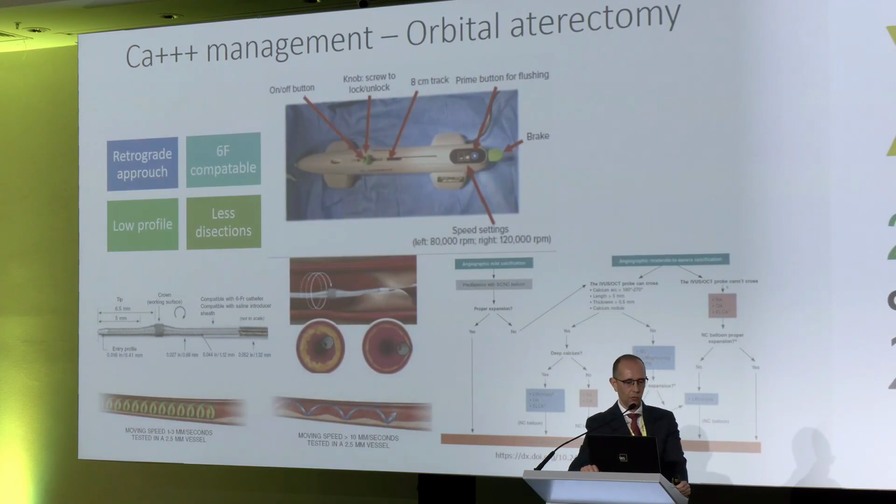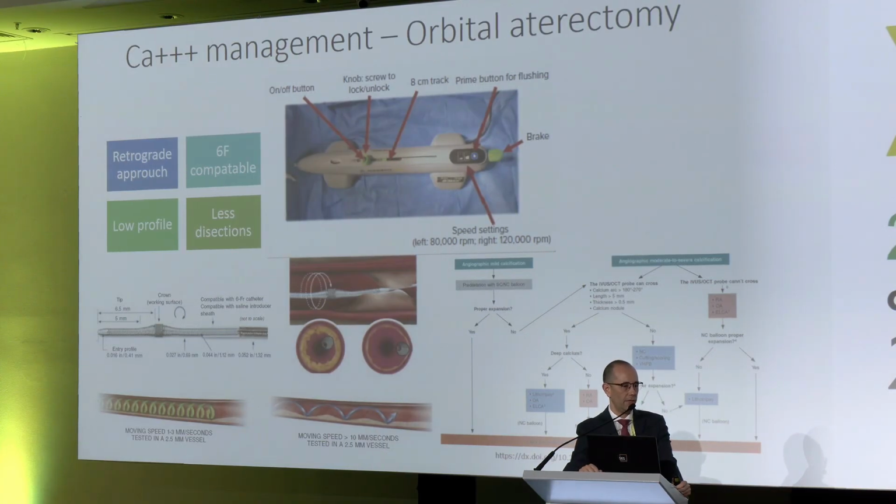We decided to use orbital atherectomy in that case because it is a machine that can cross these lesions and do retrograde runs, which give less dissection.